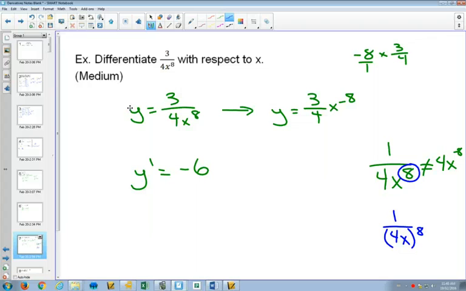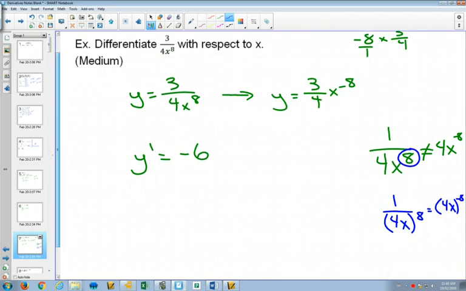So when I write it as 1 over 4x to the 8 and the 4x is in brackets, that means that the 8 exponent goes to the x and to the 4. And this one would equal 4x to the negative 8. But in this case, this exponent of 8 is only to the x and not to the 4. So when you change with your exponent laws, only the x to the 8 would move to the top.